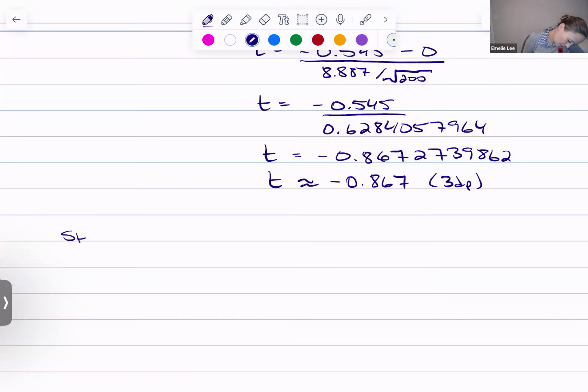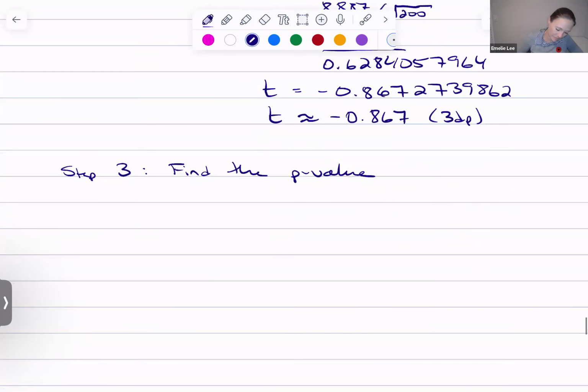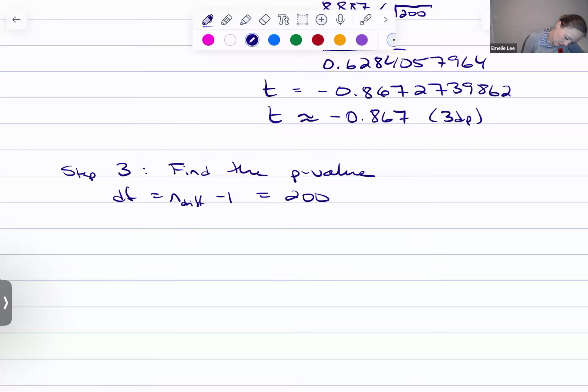Now, step 3, find the p-value. We need our degrees of freedom, which is n diff minus 1, which is 200 minus 1, which is 199. Now I know 199 is not on my table.